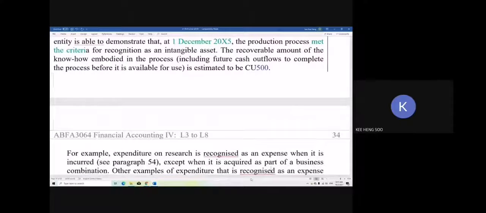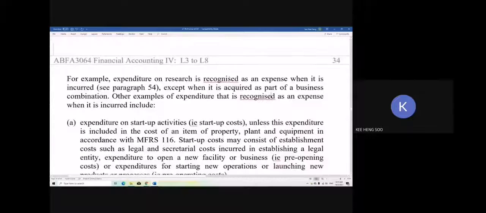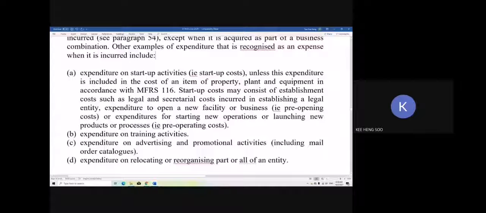So remember the keyword, research is recognized as expenses. This one startup cost expenses, training activity expenses, advertising and promotional expenses, and so on.